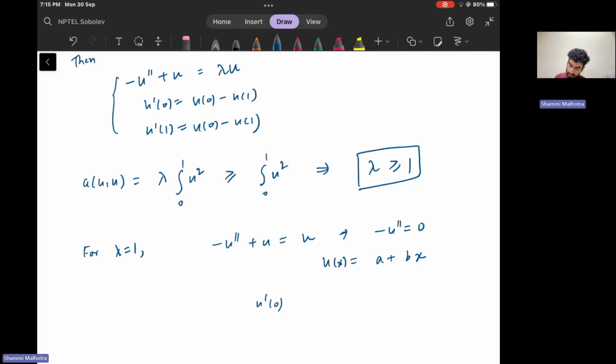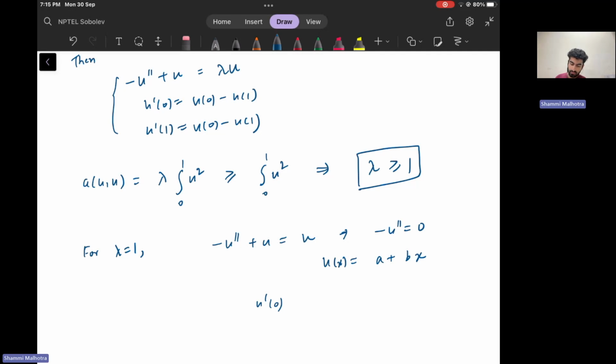So u dash x is nothing but b only, and we want this to be u0 minus u1. So this implies b is equal to u0 minus u1. So u0 is nothing but a, and u1 is nothing but a plus b. But this basically implies b is nothing but 0 only.